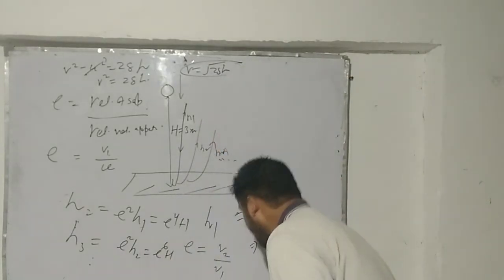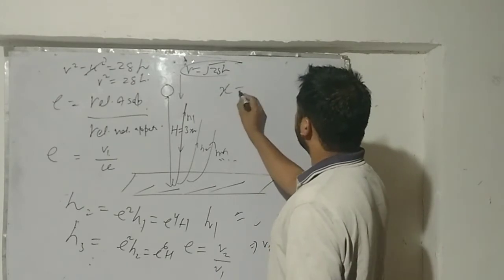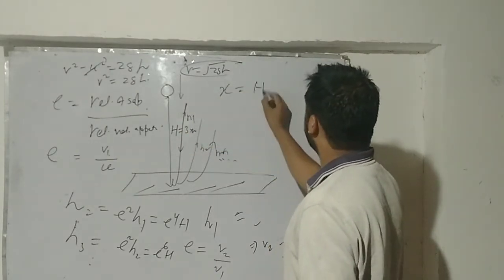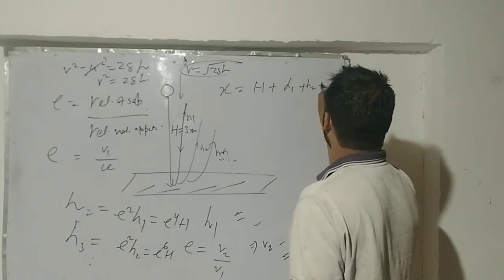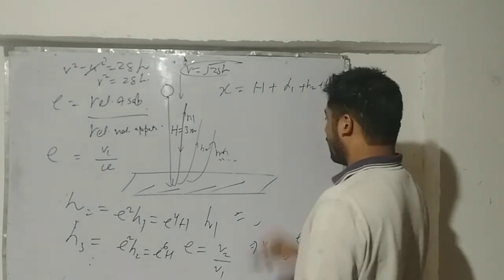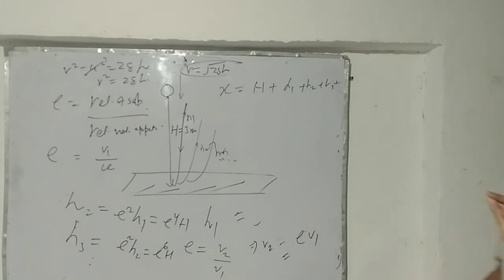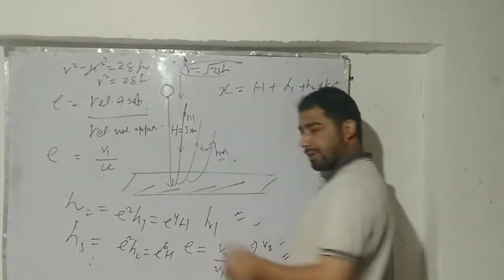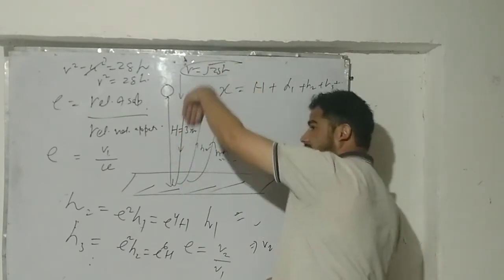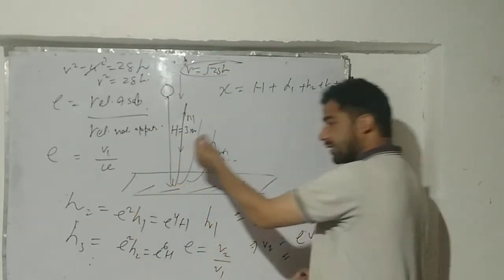So my x will simply be h plus h1 plus h2 plus h3 plus so on. But here we need to be very careful. Look, when the particle collides, it attains a height of h1, but the particle comes back along the same height in order to make the second collision.